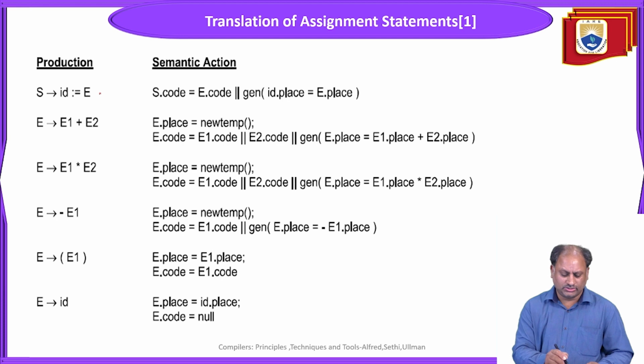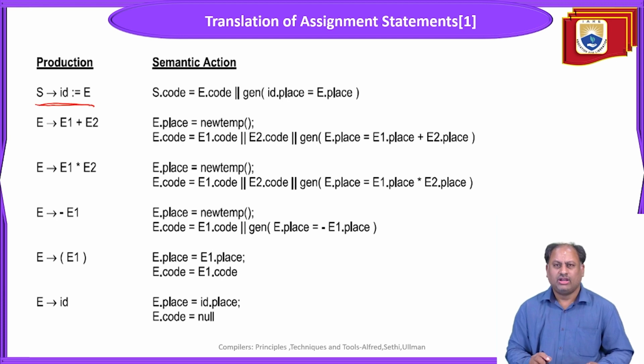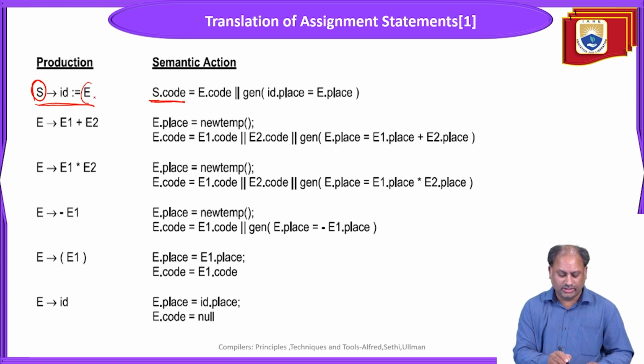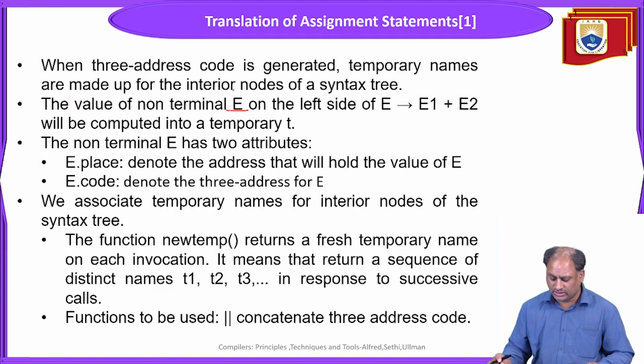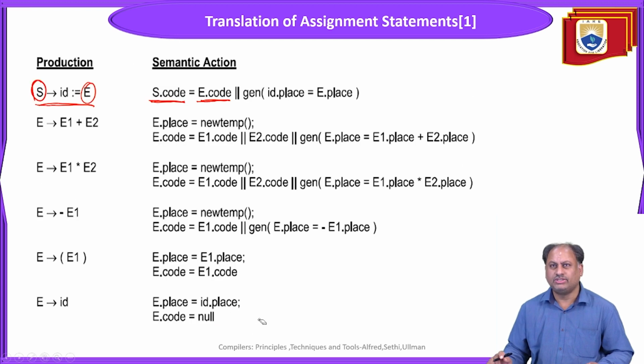For example, S derives id equal to E. Now S is on the left hand side, and its semantic action is considered as S dot code. Similarly, for the variable E, E dot code. We know that this is concatenated and used for the generation of the 3 address code whenever the output is to be produced.